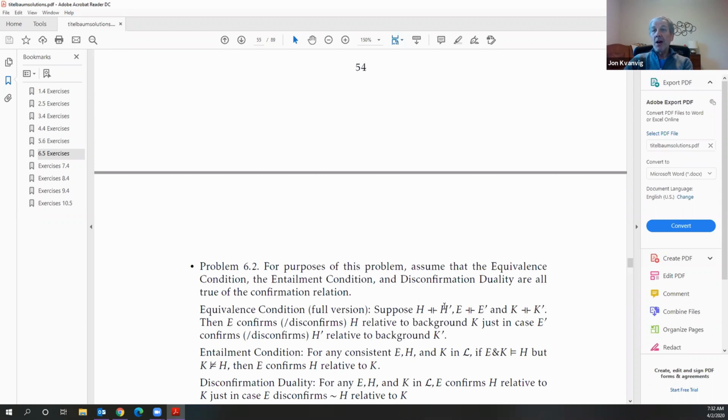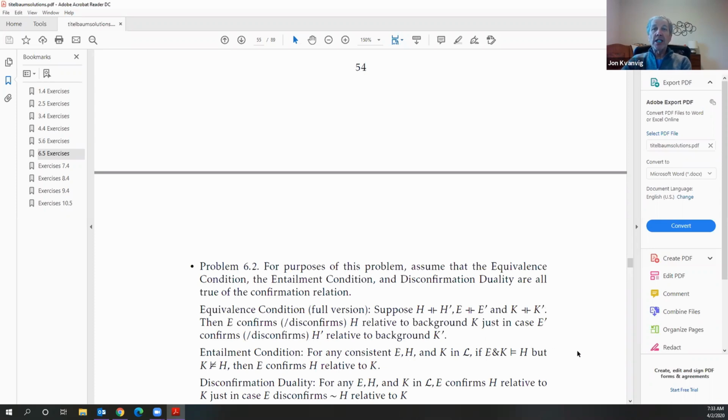The pair of hypotheses are equivalent, the evidence is logically equivalent, the background information is logically equivalent. Then you get confirmation, disconfirmation between E and H relative to K, if and only if you get confirmation, disconfirmation between E prime and H prime relative to K prime.